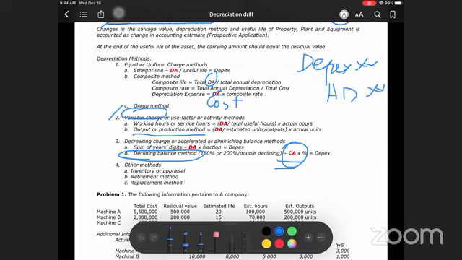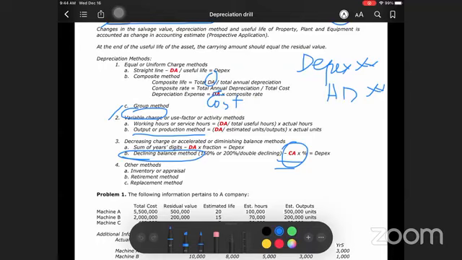Okay, so under this method, you have the sum of years digits. So again, the base amount is the depreciable amount times the fraction that is equal to the depreciation expense. Sir, what is that fraction? When you say sum of years digits, you need to compute the denominator using the formula, di ba? So what's the formula?